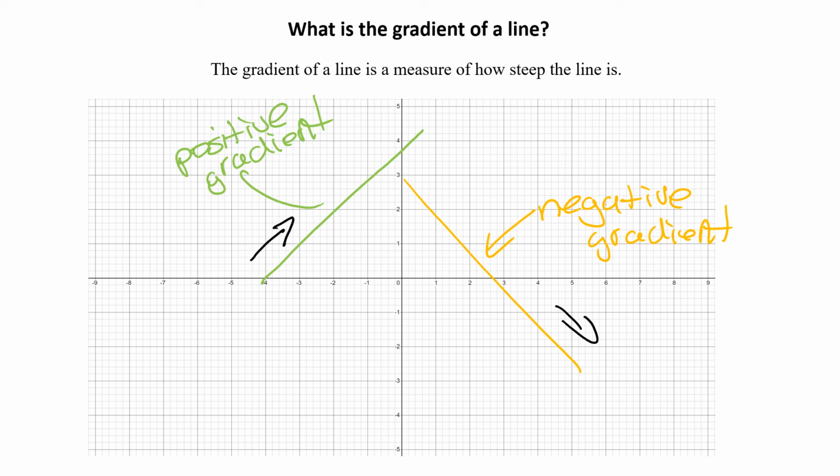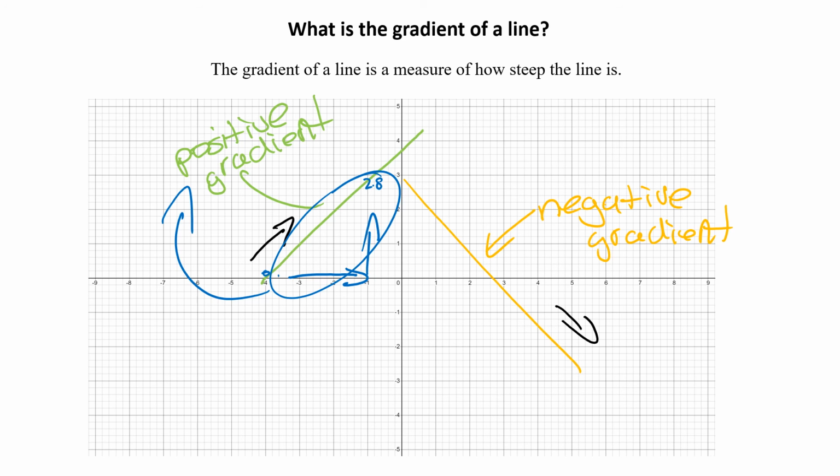Let me pick a different color. So I'm going across that way. If the numbers are going up, so I'm starting at y equals 0, let's say roughly there, and going up to 2.8 or something like that, then that is positive.